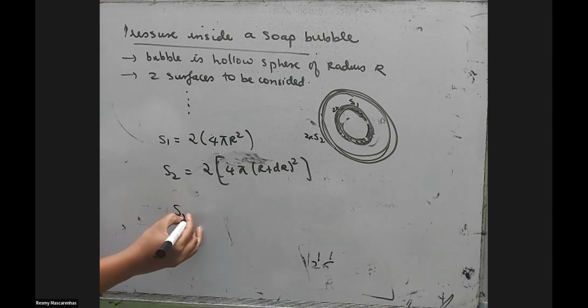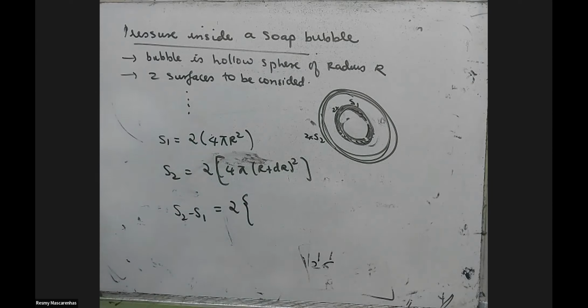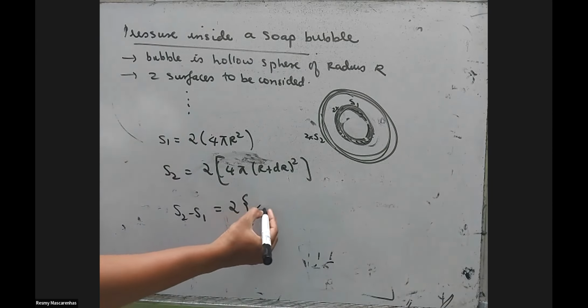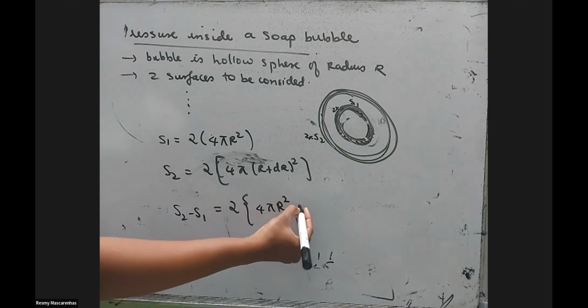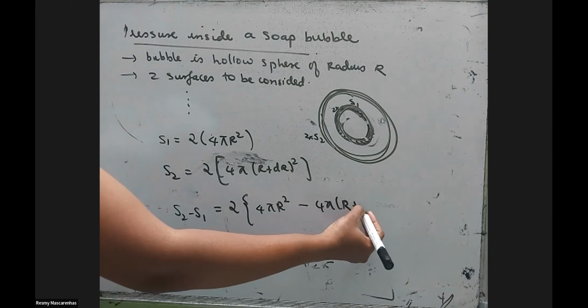Then S2 minus S1, 2 you keep out, common, 4 pi r square minus 4 pi r plus dr whole square.